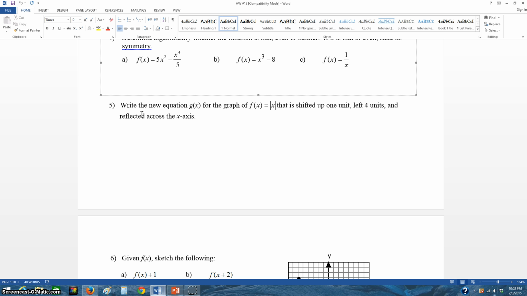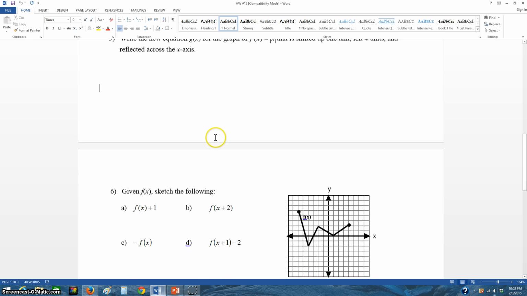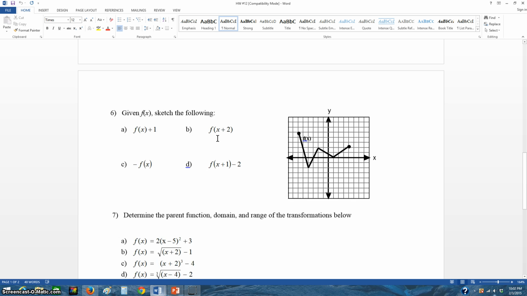So I should see your parent function. Then I should see each shift or each transformation on your graph. This is a problem where it would be good to use different colored pencils or pens if you have them. I will do one of these when I come back. You should still be able to do this on your own. If not, I'll do one of the examples.